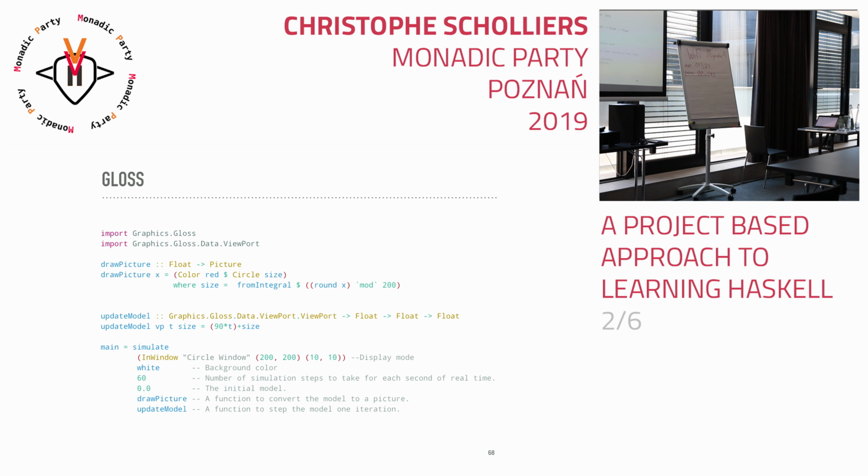And here we do some mathematics, we are going to take modulo 200, and so that means that we are going to make the circle go big and then small and then big and so on. And updateModel is simply going to take the time, multiply it by 90, and add the previous size to it.